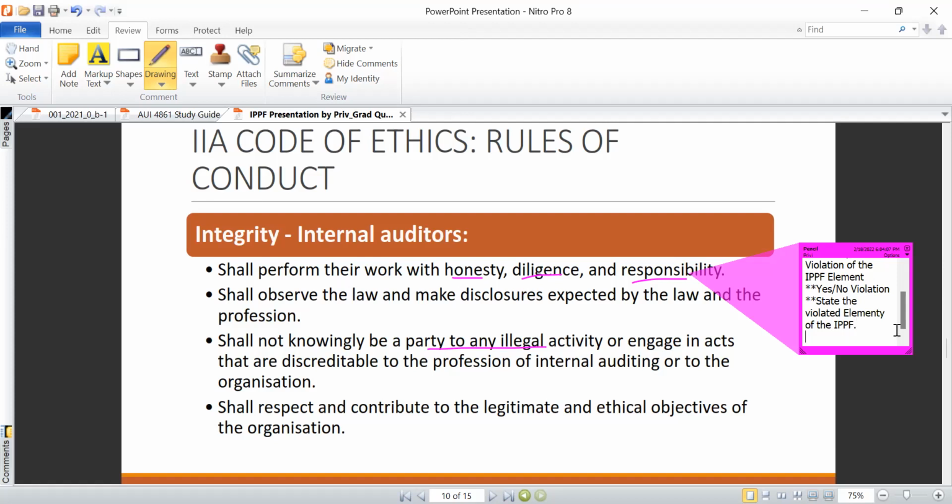Then the other aspect that you would also address in answering this question is to justify, or in other words, give reasons why you say there's a violation. So it's normally tested in 3 parts.